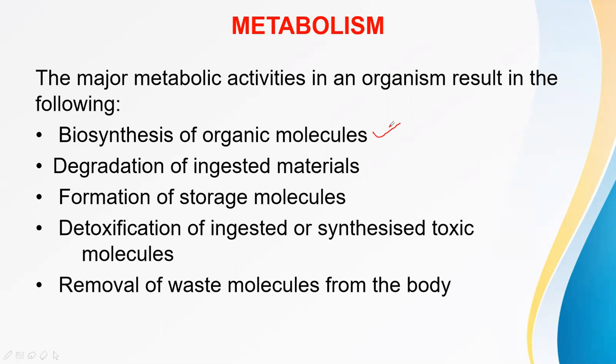For example, plants, some algae and some photosynthetic bacteria use anabolism, or anabolic reactions, to synthesize organic molecules. Earlier, I told you that in anabolic reactions, plants produce glucose. In a similar way, some organisms use these metabolic activities for the biosynthesis of organic molecules.